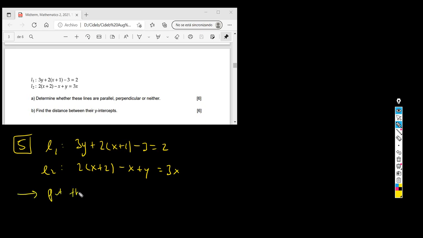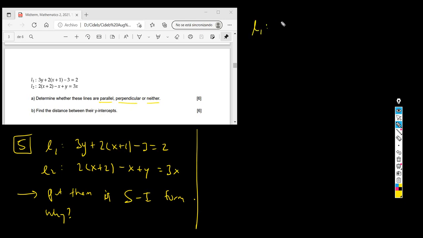Put them in slope intercept form. Why though? Because in such a way I can observe their slopes, right? That's the convenience that this form gives you. It gives you the slope and the intercept of each of these lines immediately. By looking at their slopes, you can know whether they are parallel, perpendicular, or neither. So that's all we have to do.